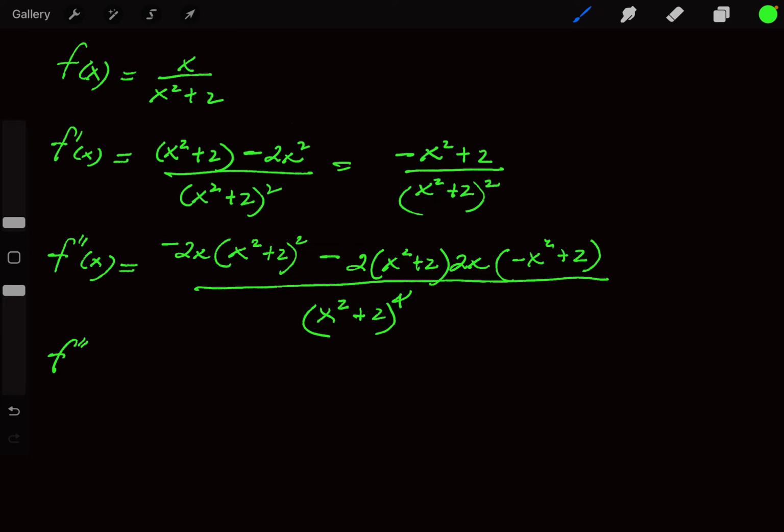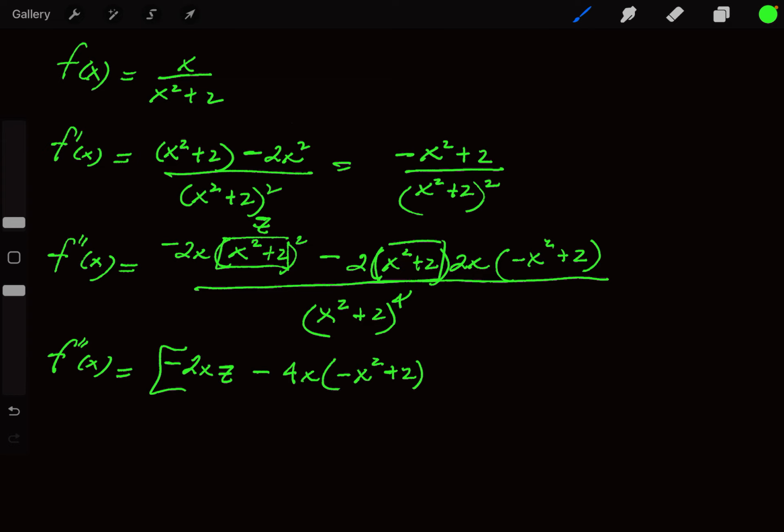I'm going to have to do the algebra and simplify a little bit. So I see that I have an x squared plus 2 here. So maybe I'm going to factor that out. I'm going to call this whole thing z. Right, this is z squared. This is z. So what do I get? I'm going to get negative 2xz minus 4x, when I factor out the z, times negative x squared plus 2.